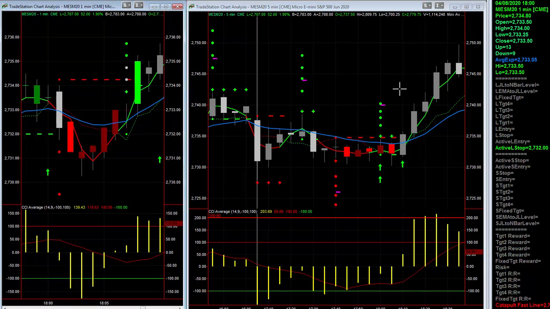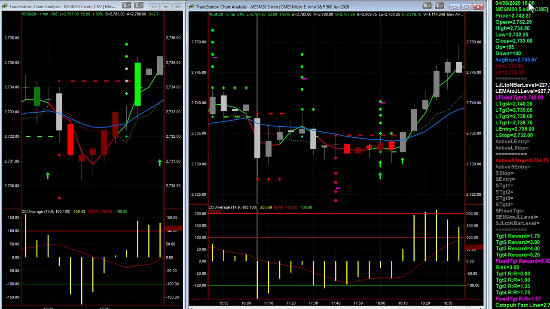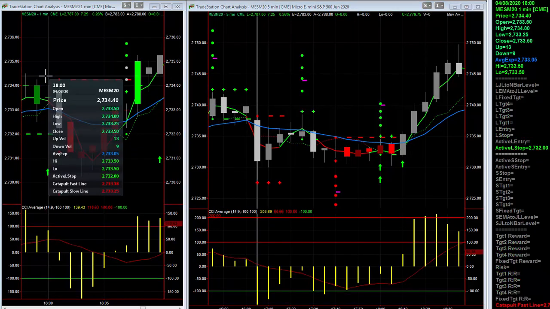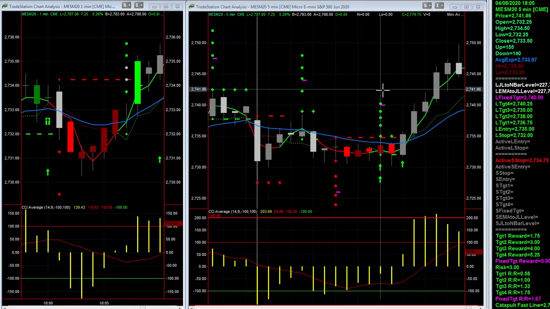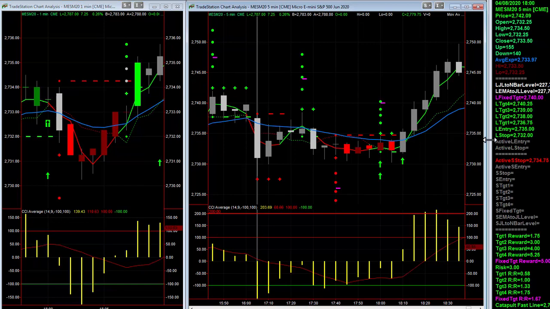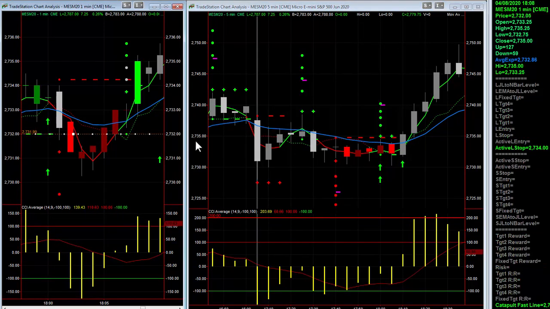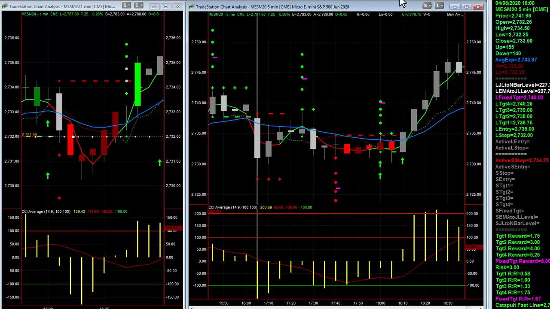So the setup bar happens right at 1800, and this is right at 1800. The next thing I will do is lay a horizontal line at the stop and at the entry. So the stop is at 2732, right there. And the entry is at 2735, right up here.